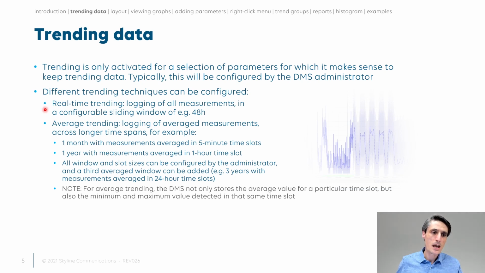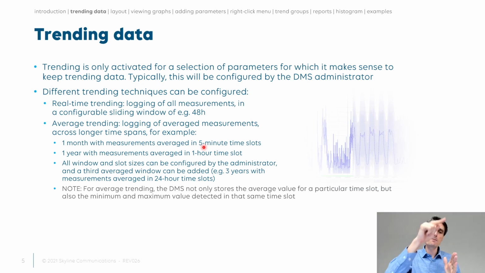Next to that, we also have the average trending. The average trending allows you to have that over a longer period of time. By default, and I say by default because you can change that in the DataMiner system, it will store for 1 month slices of 5 minutes. So for every 5 minutes, it will keep track of the average value, and next to the average value, also the minimum and the maximum that happened within that 5-minute time frame.